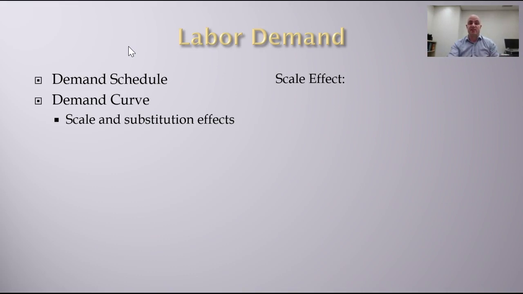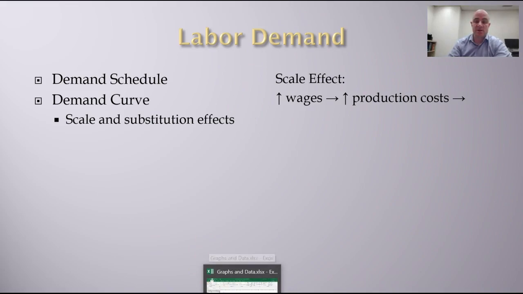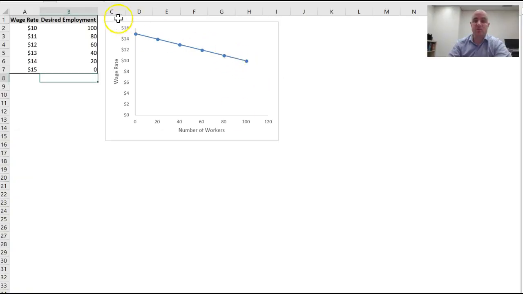The first is the scale effect. And we're going to be looking at this in terms of wages going up. So if we go back here, you see that as wages go up, the quantity demanded of labor, the desired employment, goes down.